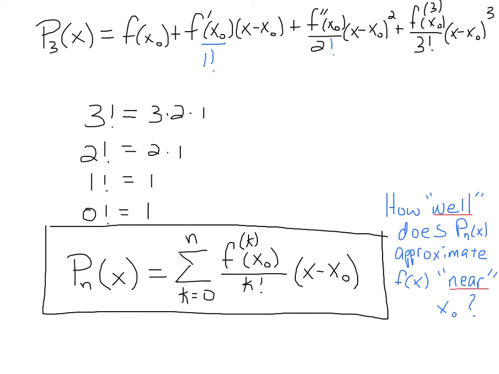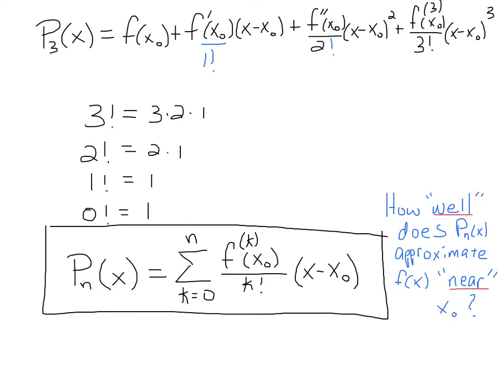So if we generalize this, we get this polynomial here, and this is the sum that I had on the first slide. When k is 0, we're taking the 0th derivative, which just means we get f of x naught.